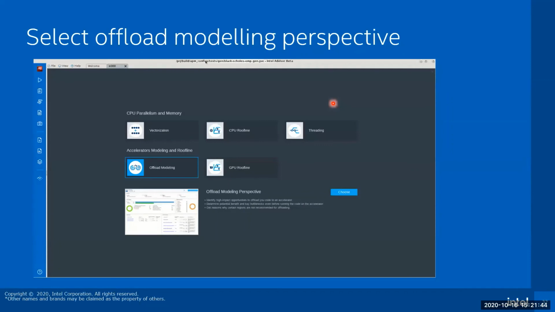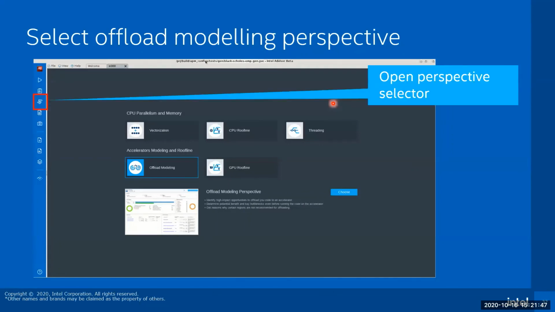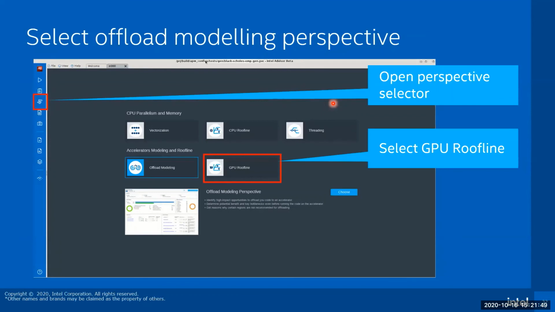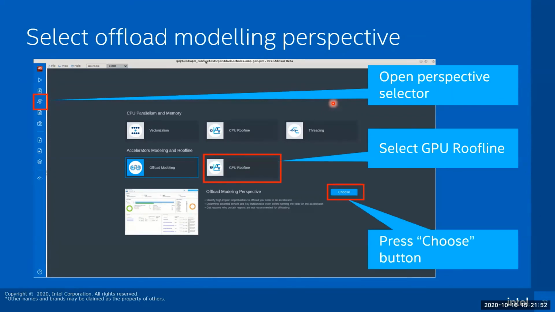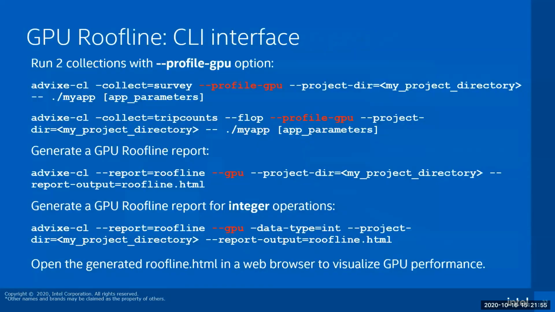With the graphical user interface, you open the perspective selector, select the GPU Roofline, and press the choose button, and that works from the graphical user interface. With the command line, it takes a little more effort because you need to collect two types of analysis: the survey with the profile GPU option, and the trip counts for the loops, also with the profile GPU option.